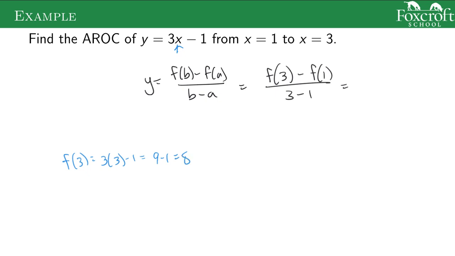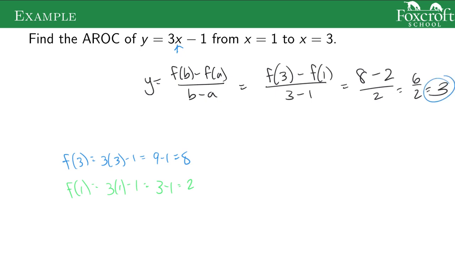So the top here is going to be 8. And then for f of 1, I put in 1 for x, and I get 2. That's 6 over 2, which equals 3.